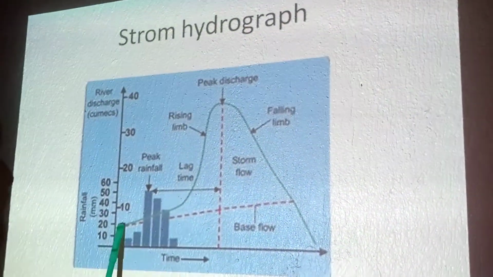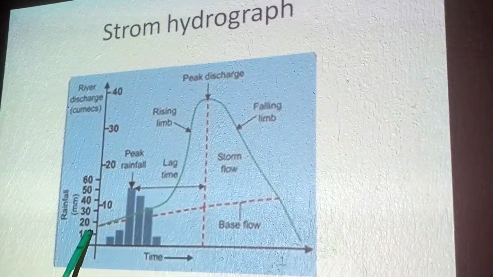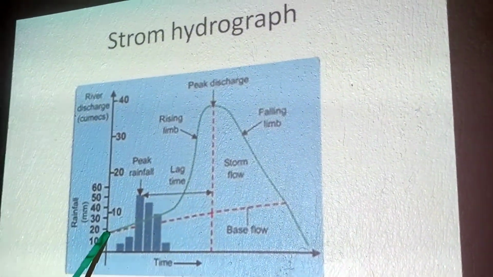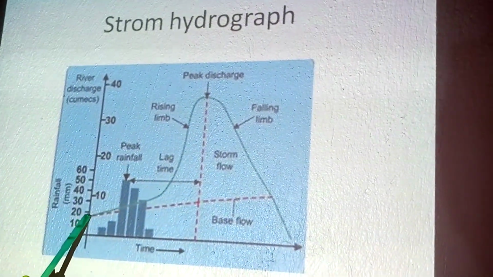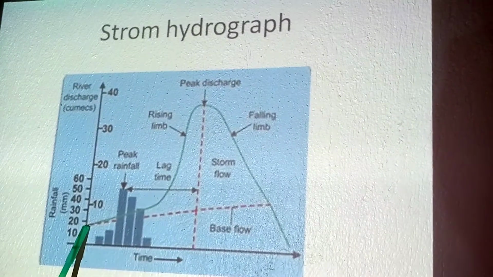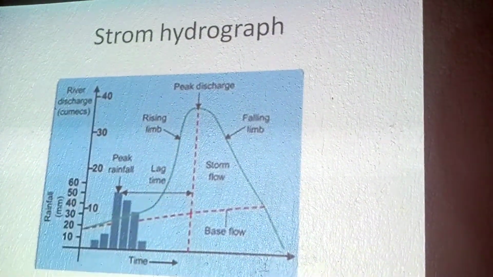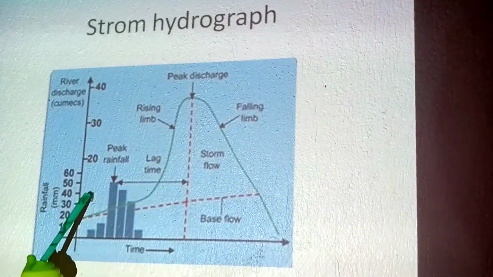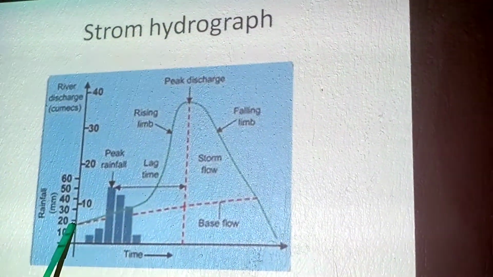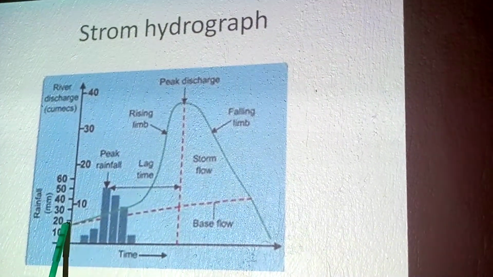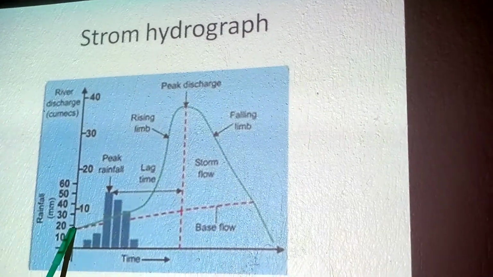Then as the curve goes high, from here before the precipitation started, you see the river has discharged. The discharge is scaled here as 10, 20, 30, 40. It was like, if this is 5, it was like 3 cumecs, or 3 cubic meters per second.